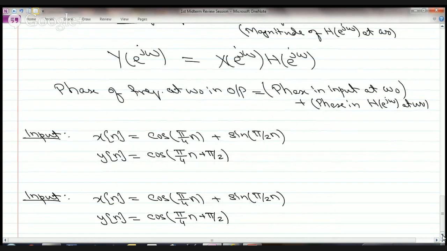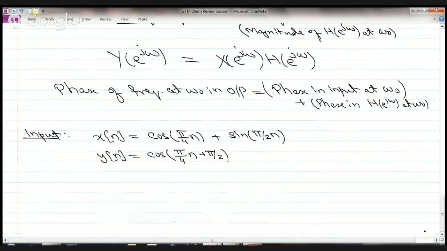Okay. Now, whenever you are given this, it's best to express this in complex sinusoids so that you can talk about frequencies, positive, negative, individual frequencies.